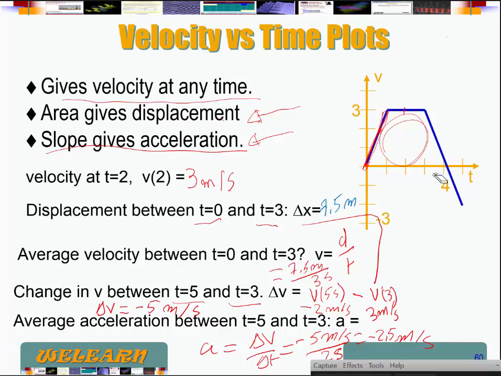If we were asked to find, let's say, the displacement between here and here, that would be this area plus this area. Remember, this area comes out to be negative, so it's a negative plus a positive. It comes out negative because we have negative heights here, negative velocities. So it's going to be this area plus this negative area here.